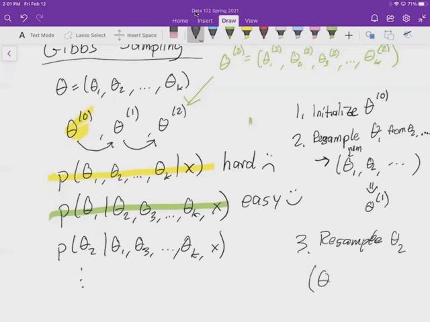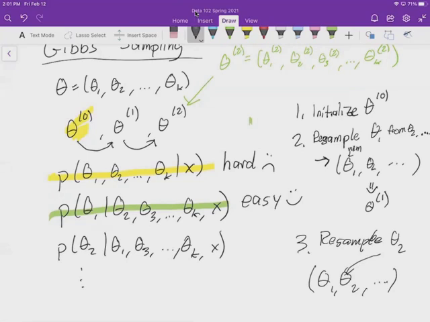So that's the theta 1 that we just got, then there's theta 2, which is new, and all the other ones from before. And we're just going to keep repeating this process over and over. We'll do theta 1, theta 2, all the way up to theta k, and then start right back over at theta 1.